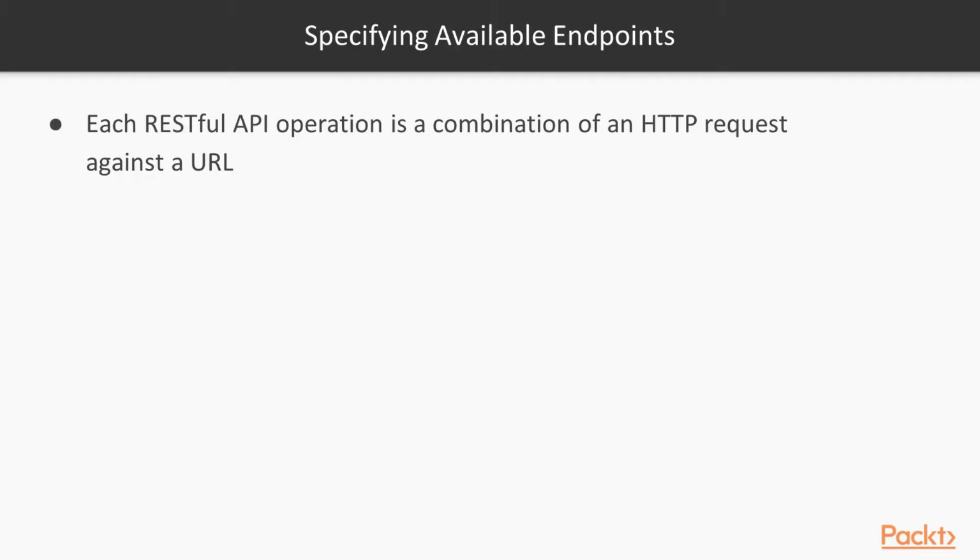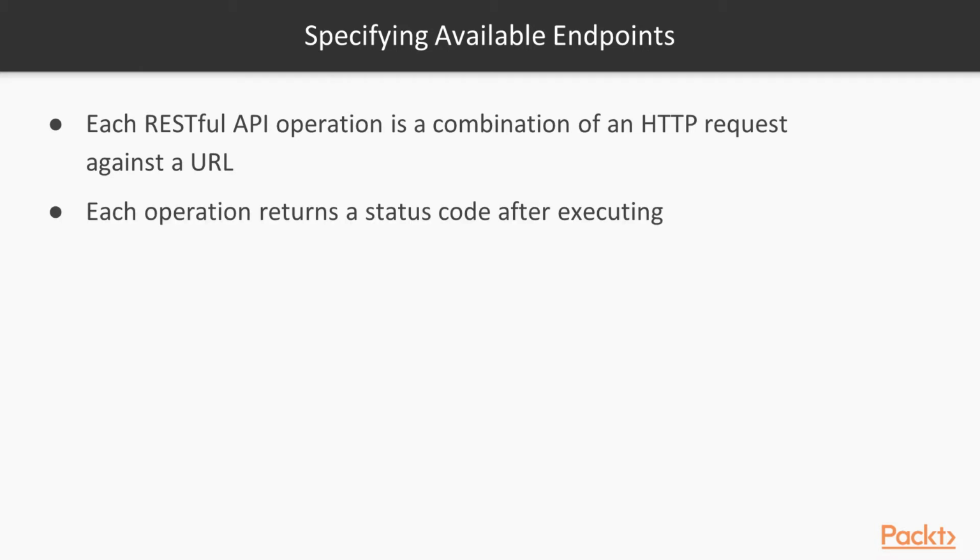Each RESTful API operation is a combination of an HTTP request against a URL and an appropriate HTTP method. When executed, each operation will return a status code indicating whether the invocation has been successful or not.